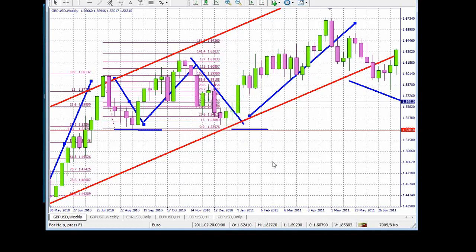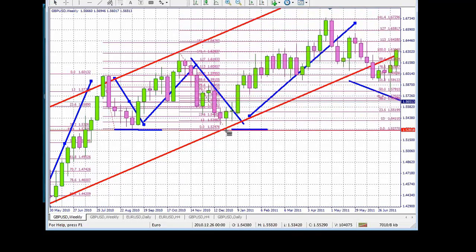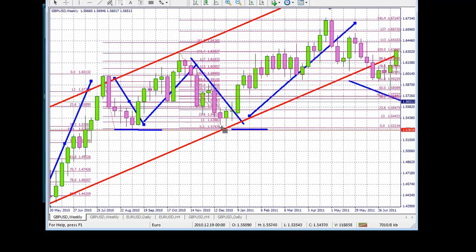But again, we have a special market in this period, and we cannot anticipate that the length of the waves will be as described in manuals. We can be happy with the fact that those waves are respecting some Fibonacci levels.